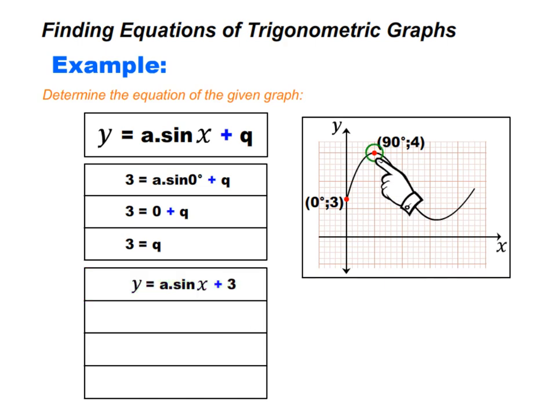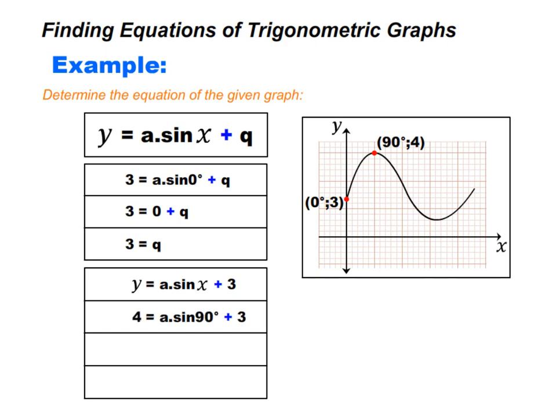Look at this other point, which is 90 degrees and 4. This 90 degrees represents x, and this 4 represents y. Let us put 90 degrees in the place of x, and let us put 4 in the place of y.